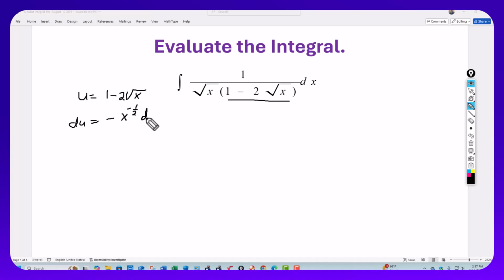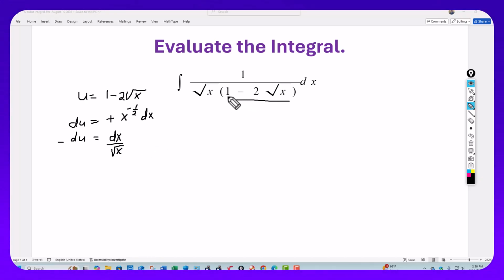This will be a dx. And then I'm going to multiply by a negative, so that'll be a minus du over here, and then this will be a dx here. So this became a plus, multiply both sides by a negative. And then the x to the negative 1/2, I take it to the denominator, becomes x to the positive 1/2, and I'm going to just write that as the square root of x.